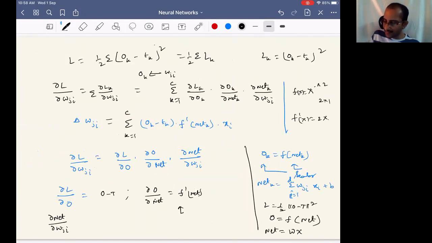For completing this, I will write here ∂net_k/∂w_ji as delta_{k=j} times x_i. Is this fine or not?